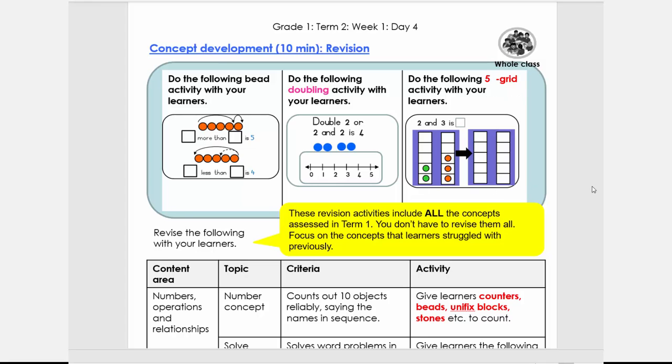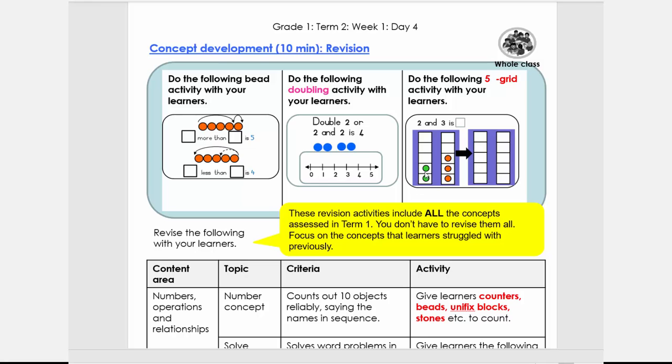Then the next one, what you're going to do is make use of a grid like this. So what you do is you draw 5 squares, and then in the first one you place 2 counters, and here you place 3 counters. And then here you've got a second drawing, and what they're going to do is move these 2 counters into this position and these 3 counters into that position.